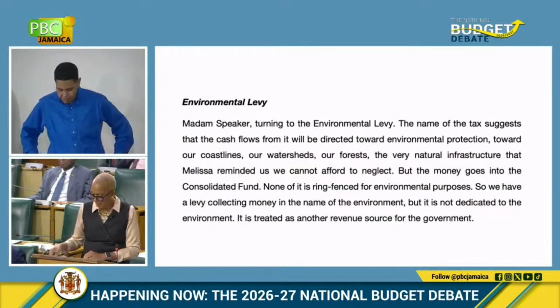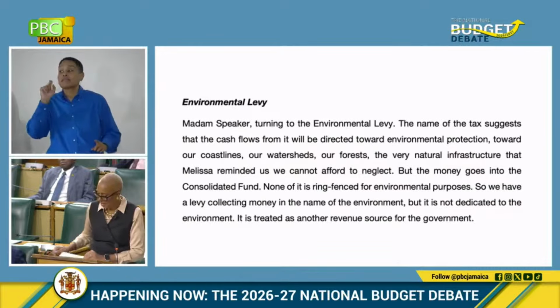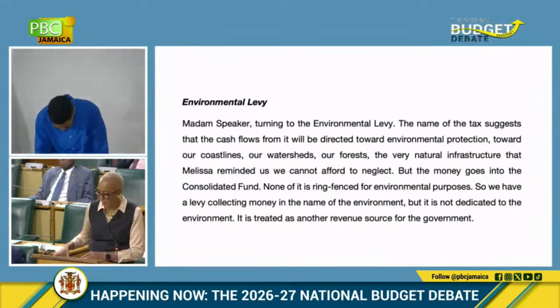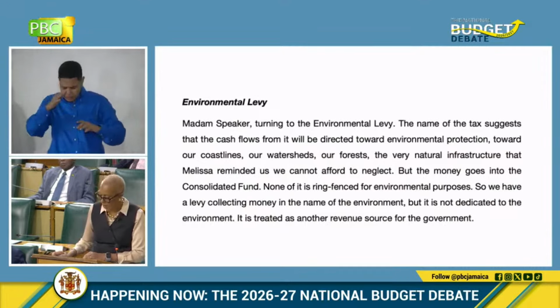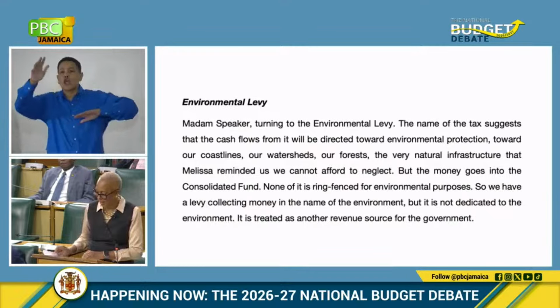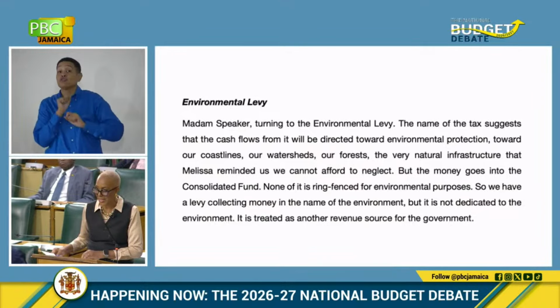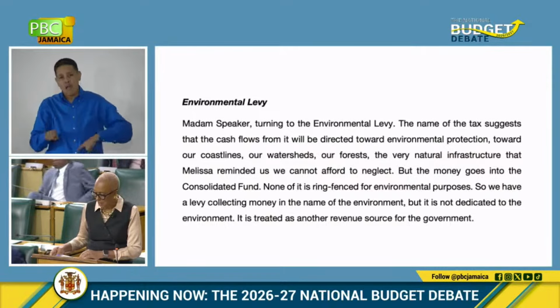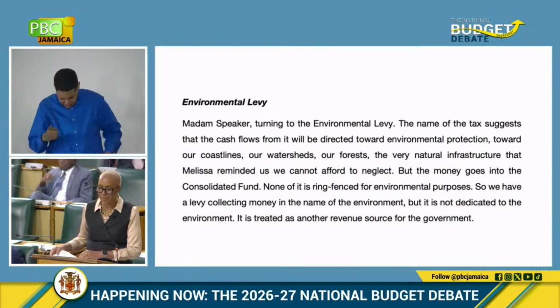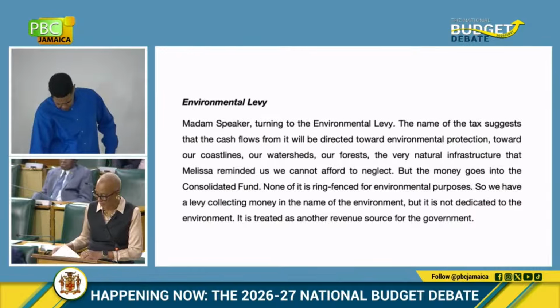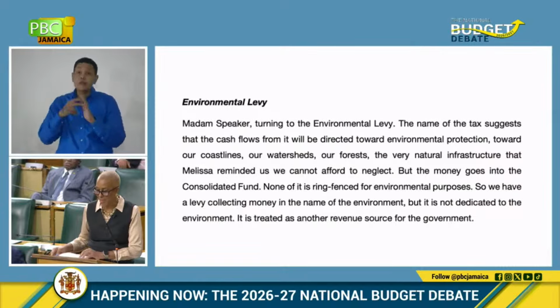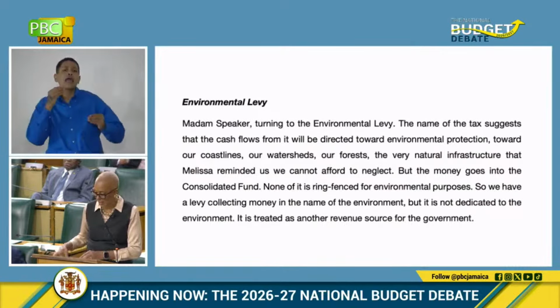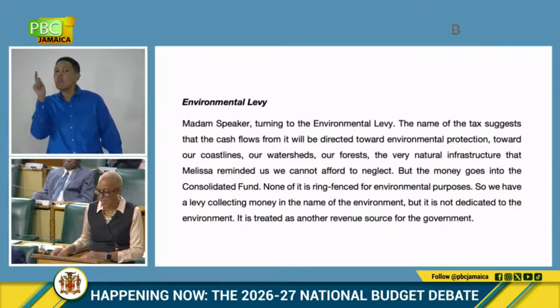The name of the tax suggests that the cash flows from it will be directed towards environmental protection, towards our coastlines, our watersheds, our forests, the very natural infrastructure that Melissa reminded us that we cannot afford to neglect. But the money goes into the Consolidated Fund, they said. None of it is ring-fenced for environmental purposes. So we have a levy collecting money in the name of the environment, but it is not dedicated to the environment. It's treated as another revenue source for the government.